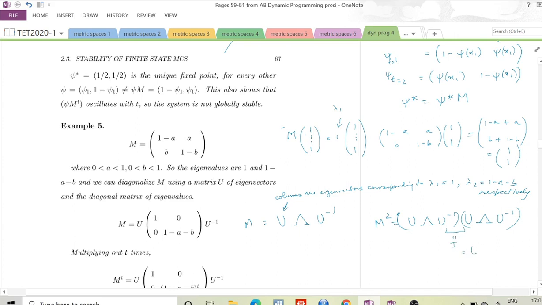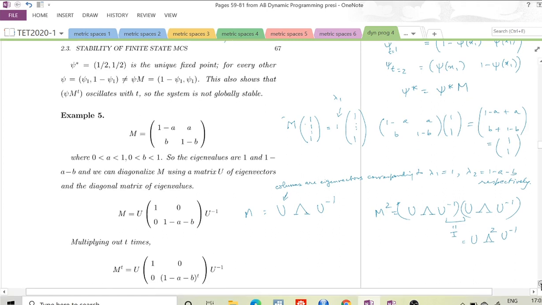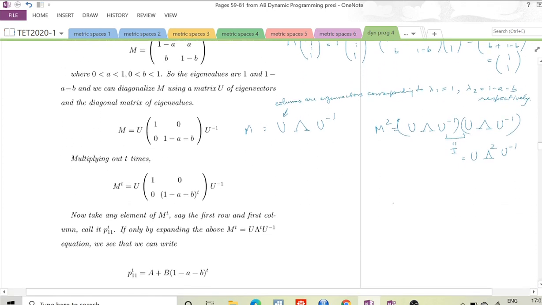So what remains is U lambda squared U inverse, and because it's a diagonal matrix, the squaring is just going to square the elements on the diagonal. So more generally, if I do this T times, I get my M raised to the T matrix is going to be U, the lambda matrix to the T times U inverse, right?